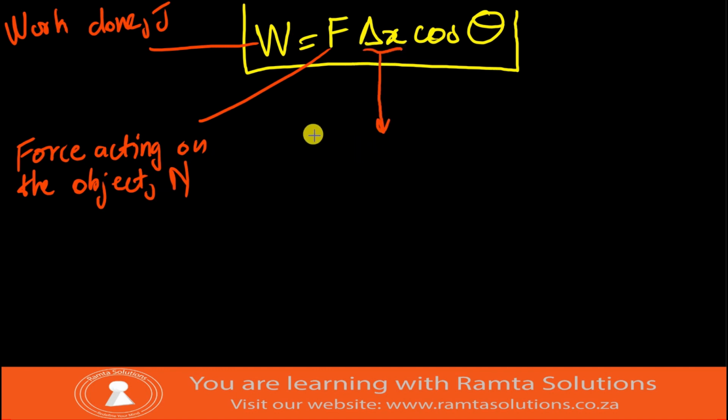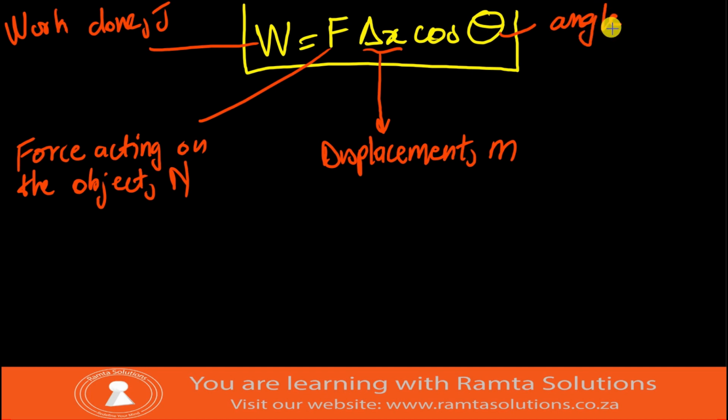Delta X represents the displacement, which is measured in meters. And theta, the angle theta, is the angle between the force and the displacement.